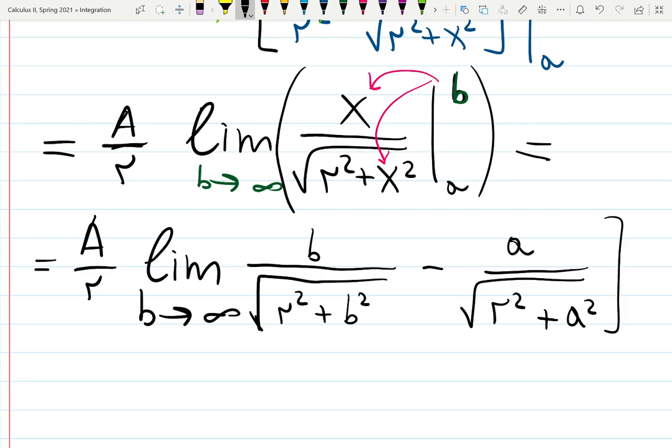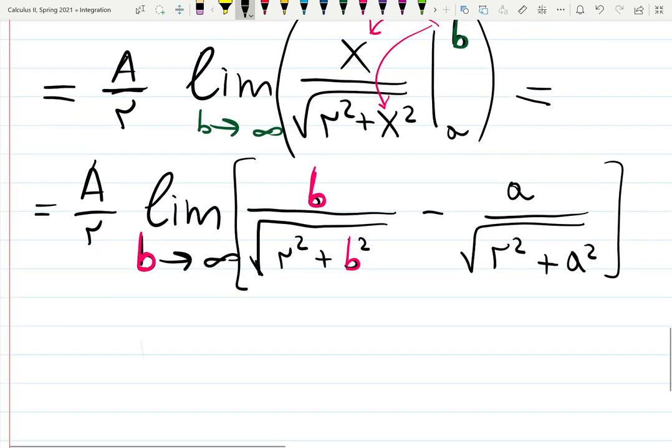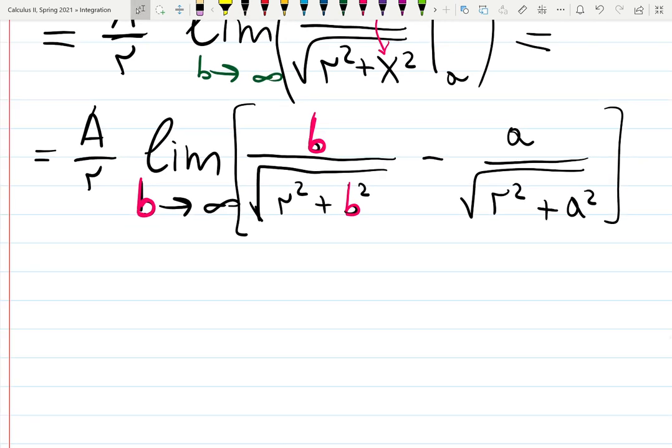Let's put brackets. Now, what's the difference between a and b? A is a constant. B is a moving variable in my limit. So b actually explodes to infinity. If this first part explodes to infinity, everything explodes to infinity. If not, then we're fine.